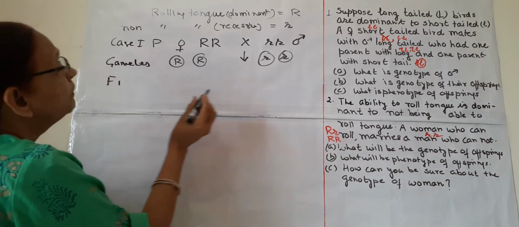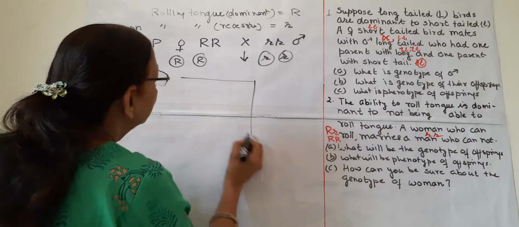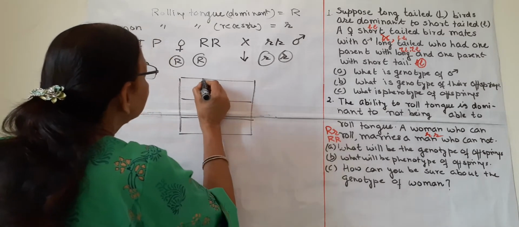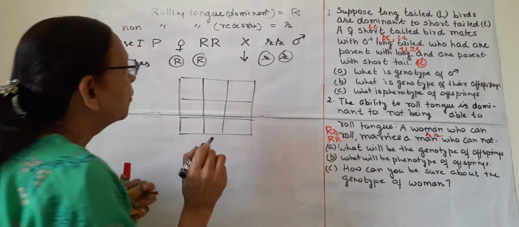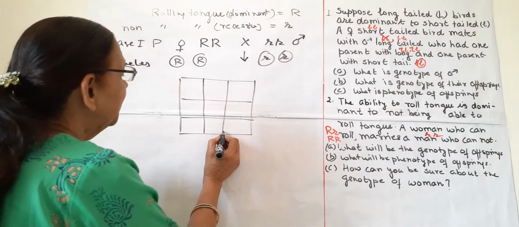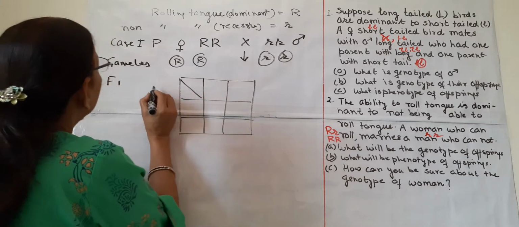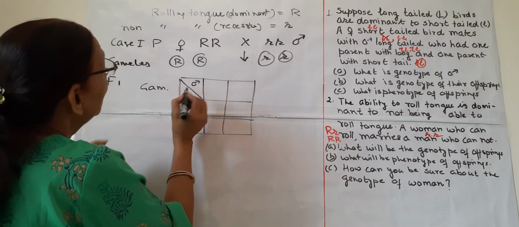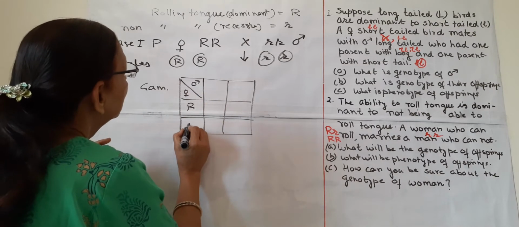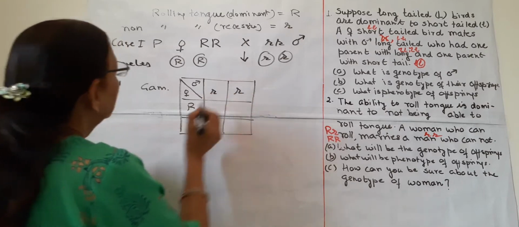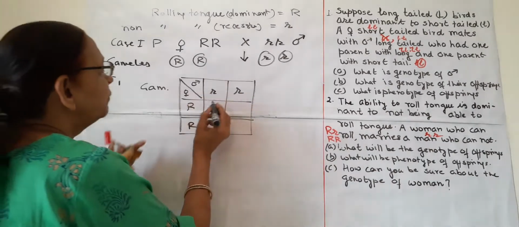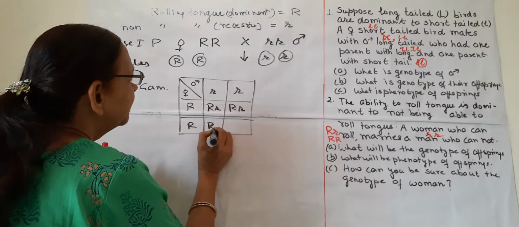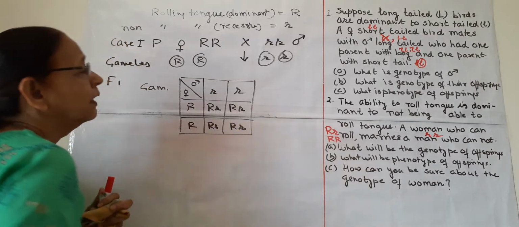So in F1 we will form again the Punnett square. You have to make this square very neatly with pencil and scale. Draw these equal segments with pencil and so again here we will write gametes, male, female, female is RR, male is rr. So F1 will be formed. This can fuse with this, capital R, small r, capital R, small r, capital R, small r, capital R, small r.